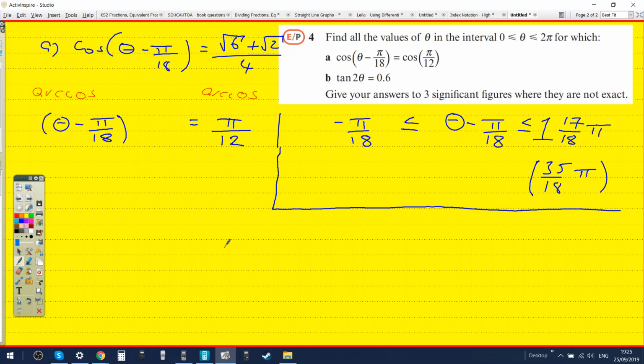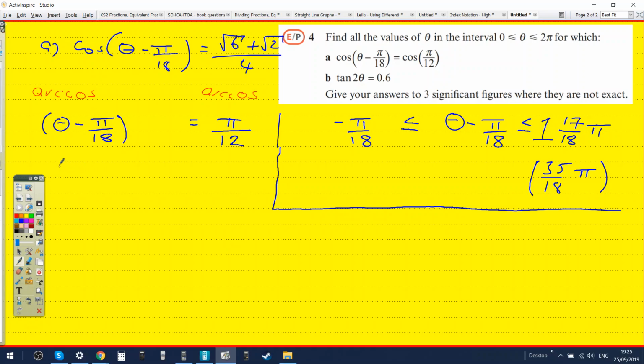How do you get your second answer for cos? So we've got one answer, pi over 12. You want the second answer? You subtract it from 360, so 360 minus that, so it's 2 pi minus that.